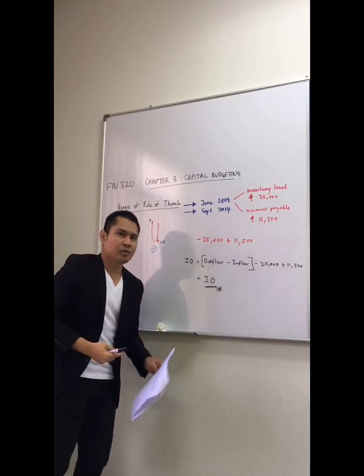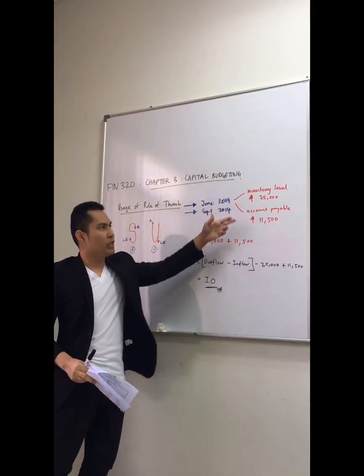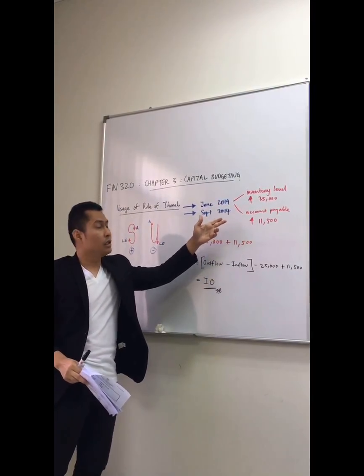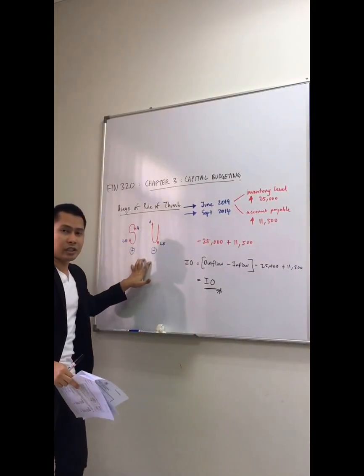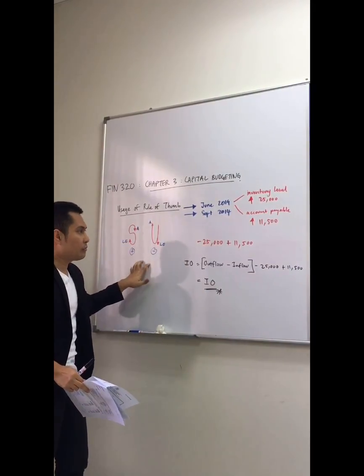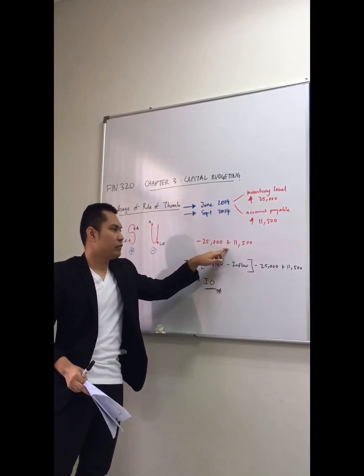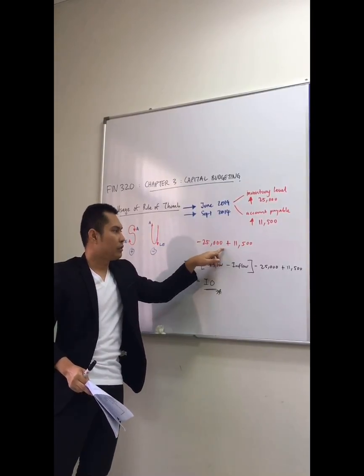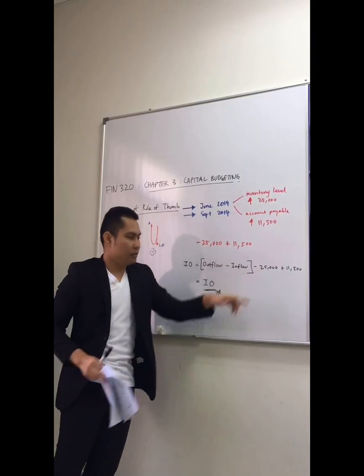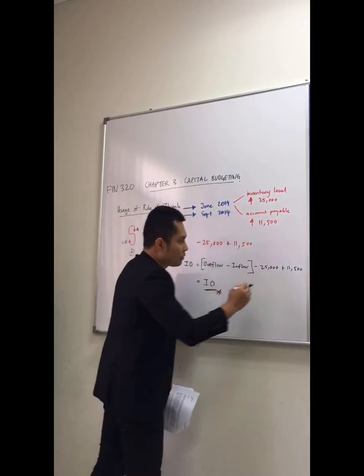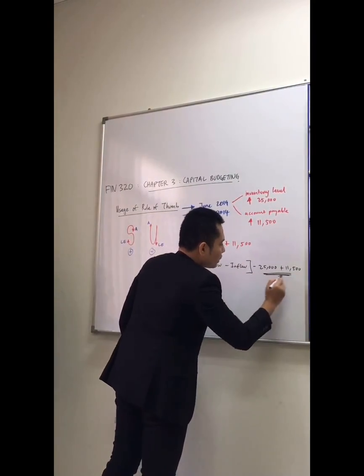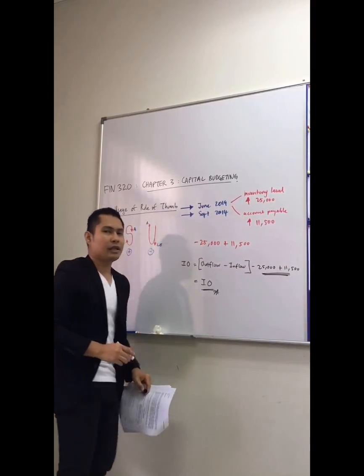So now you know, when you have this kind of information, items in the balance sheet, just refer back to this diagram. Use the rule of thumb, determine the symbol, minus or plus, and then put it here during the calculation of your IO.